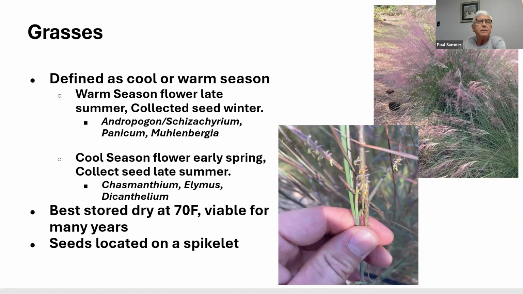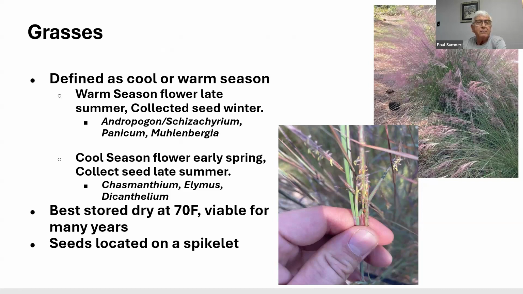Muley grass is one example of that. Cool season grasses flower in early spring, and then you collect seed in late summer. River oats is one example of that.